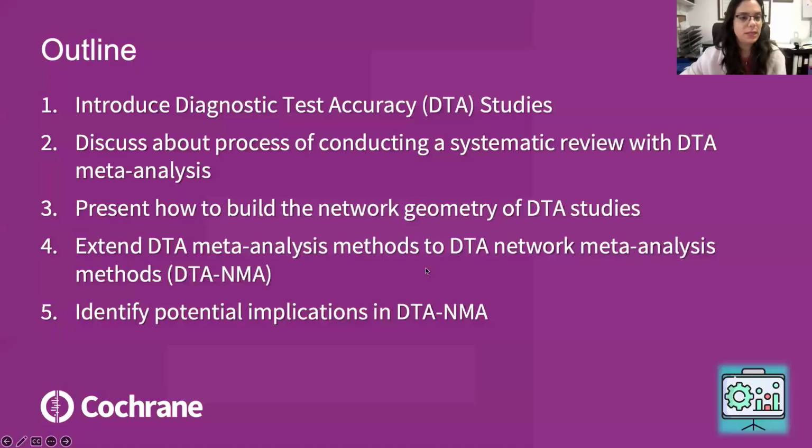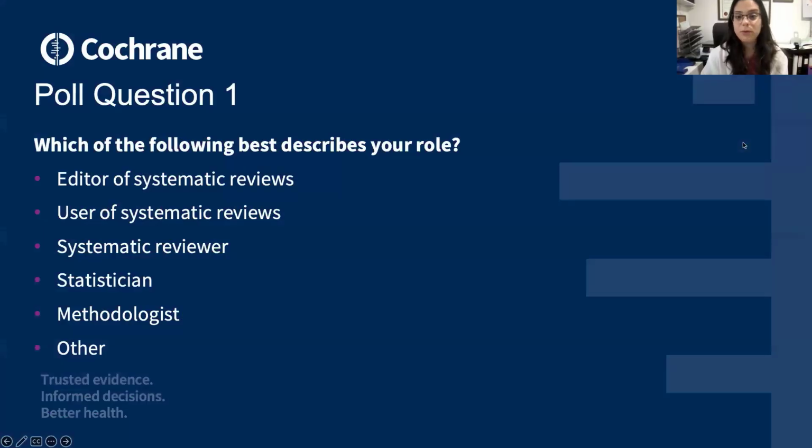The objectives of this presentation are to introduce diagnostic test accuracy studies, discuss the process of conducting a systematic review with diagnostic test accuracy meta-analysis very briefly, present how to build the network geometry of DTA studies, and then Sofia will discuss how we can extend meta-analysis of diagnostic test accuracy studies to network meta-analysis of diagnostic test accuracy studies, so the methods that we found with our scoping review, and then identify some potential implications in DTA NMA.